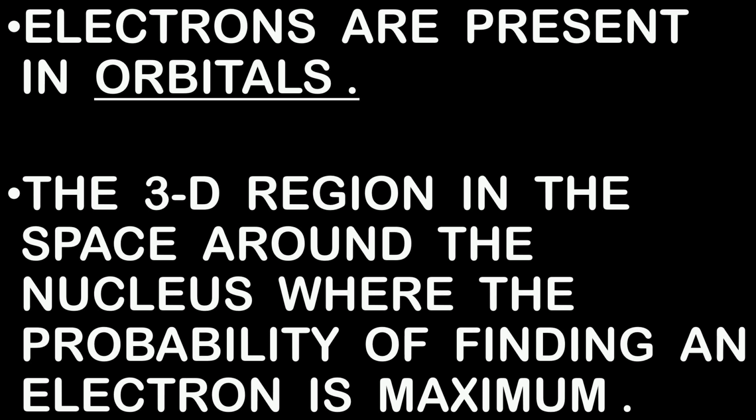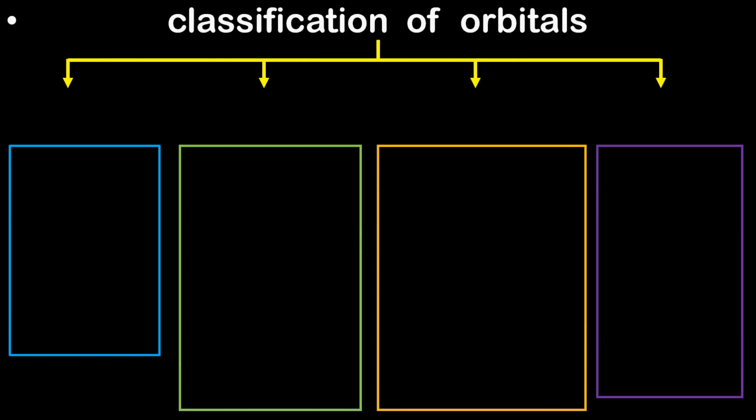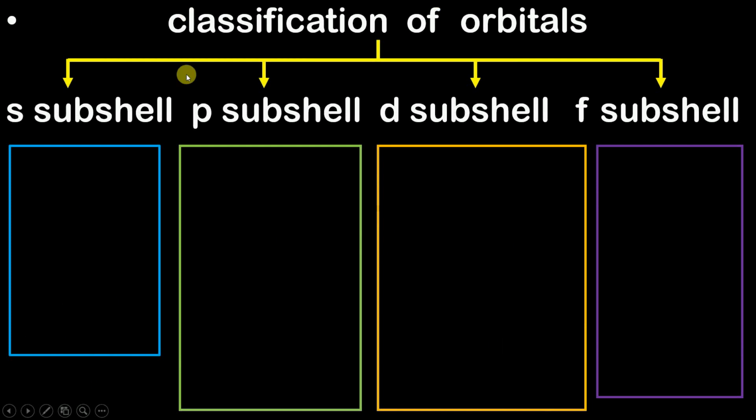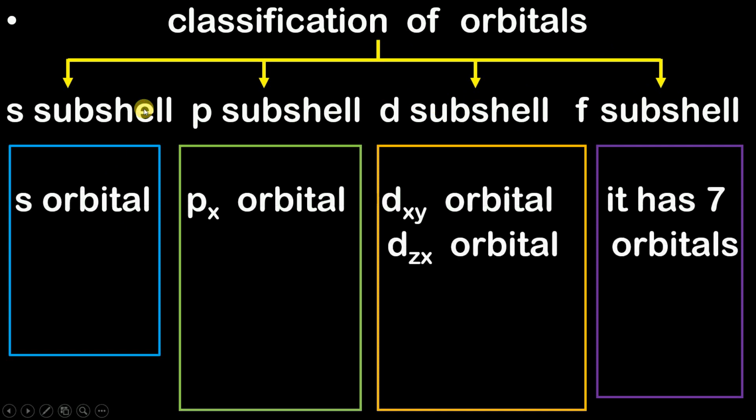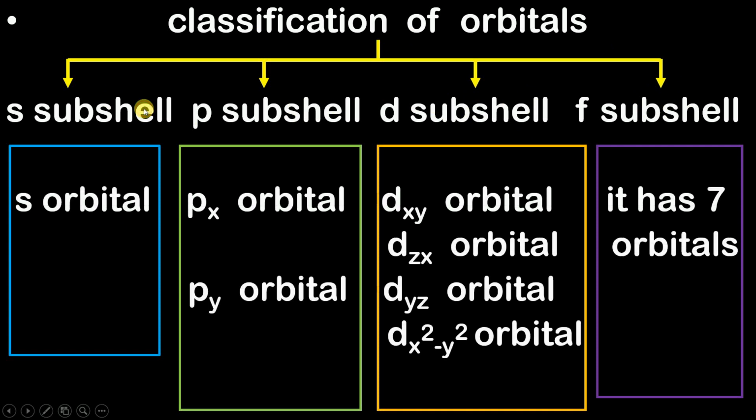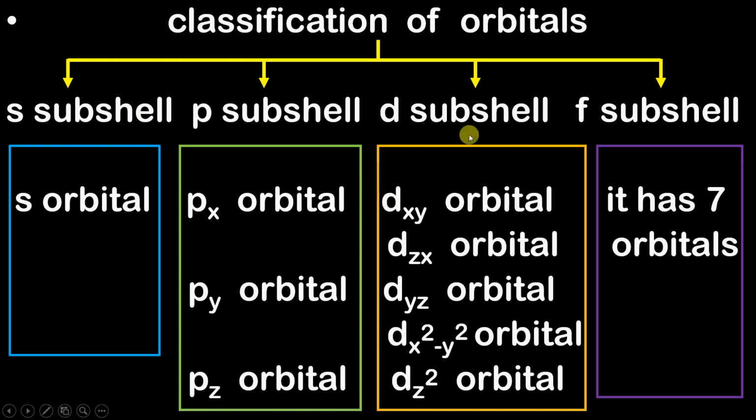We have also seen that orbitals are classified into 4 types of subshells. The first is the S subshell, the second is the P subshell, the third is the D subshell, and the fourth is the F subshell. Within these subshells there are orbitals. The S subshell contains only one orbital, the P subshell contains 3 orbitals, the D subshell contains 5 orbitals, and the F subshell contains 7 orbitals, which we don't have to study because it is not in your portion.